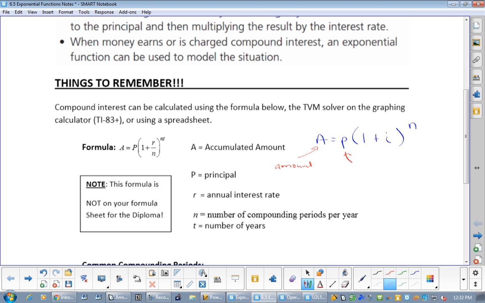P stands for your principal, which we would call the initial amount. i is your interest rate. And n is your compounding periods.